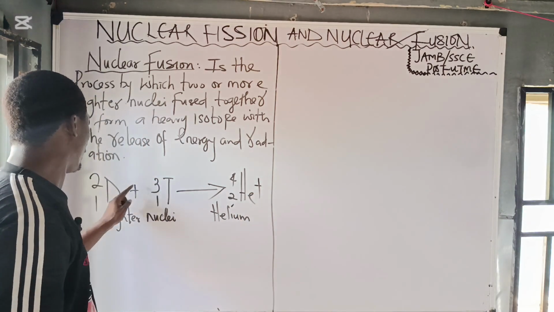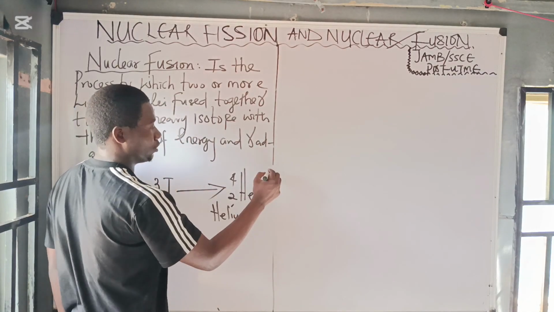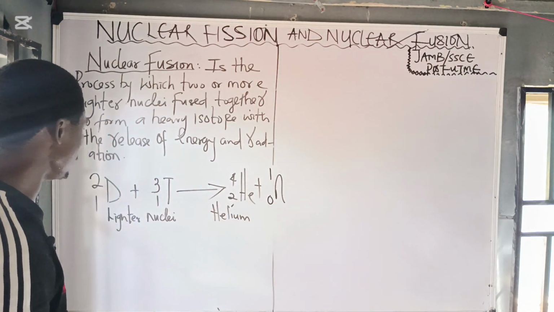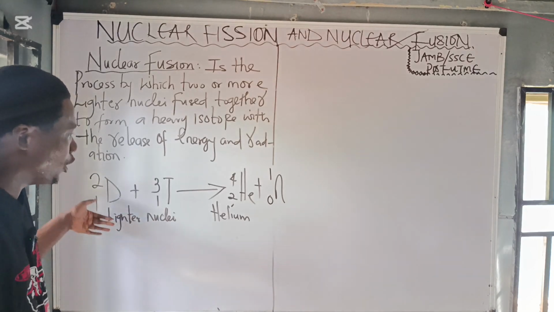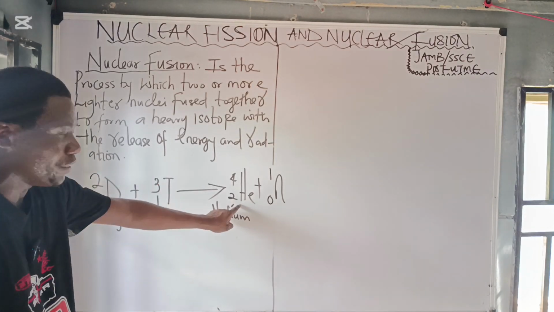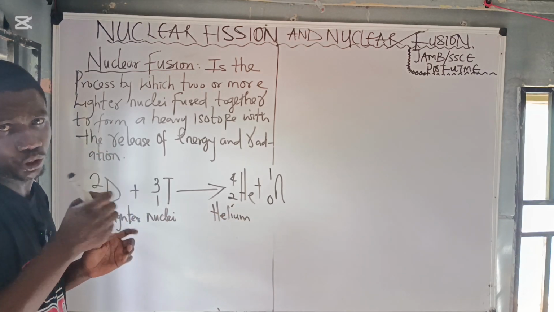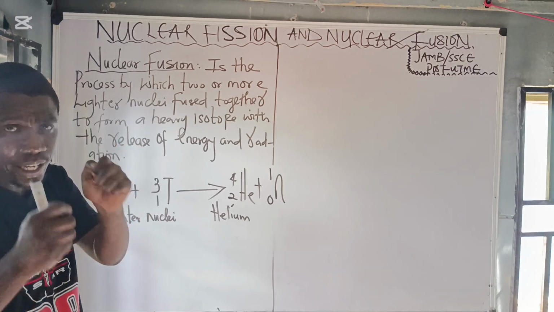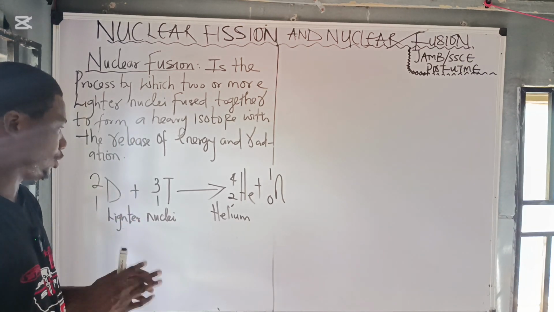Now, if you have 2 plus 3, you have 5, and here is 4, so you are going to have a neutron here. So this is helium plus a neutron. This is what we call nuclear fusion. You are combining two or more simpler atoms to give you a heavy atom, like you have on the board.